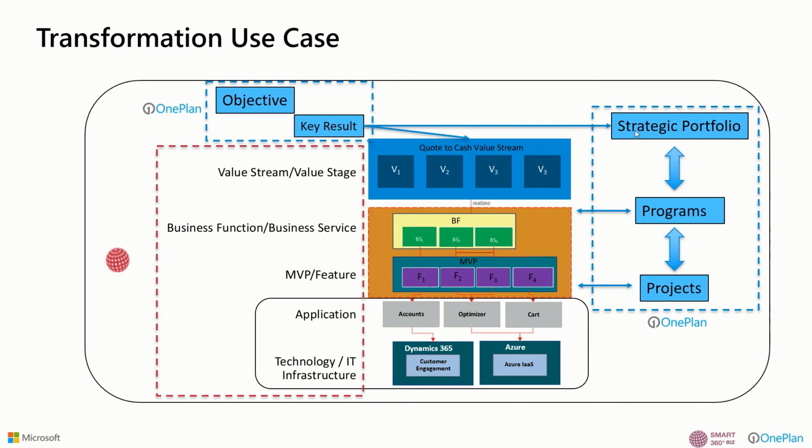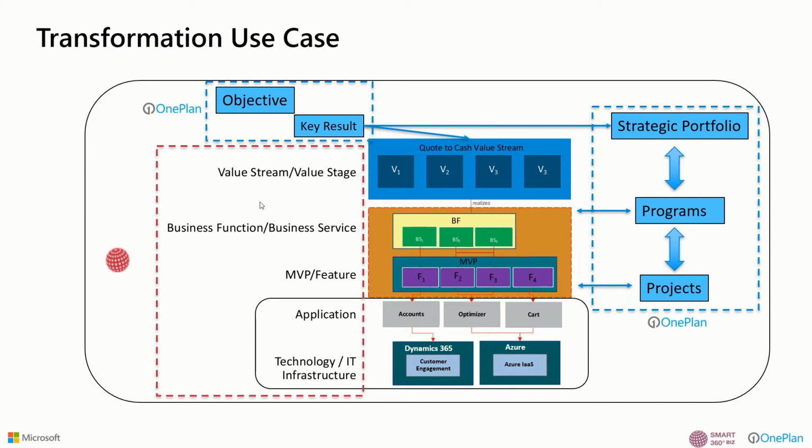From here, you're going to be defining a strategic portfolio. So that might deconstruct itself into a portfolio, into programs, into projects, and those investments are impacting, they're changing something within the organization.